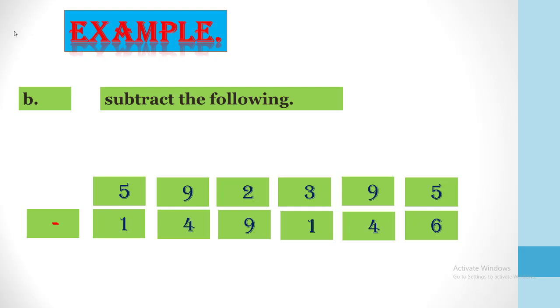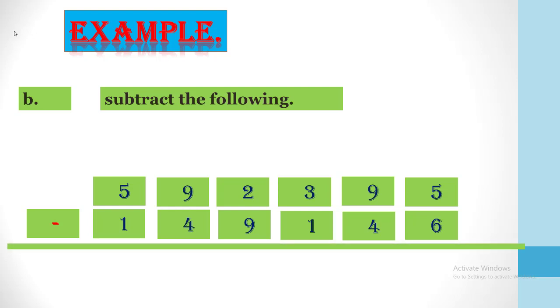Our next example is, we have to subtract 149,146 from 592,395. Start from right. Here 6 cannot be subtracted from 5. So we take 1 carry from 9 and 5 will become 15.